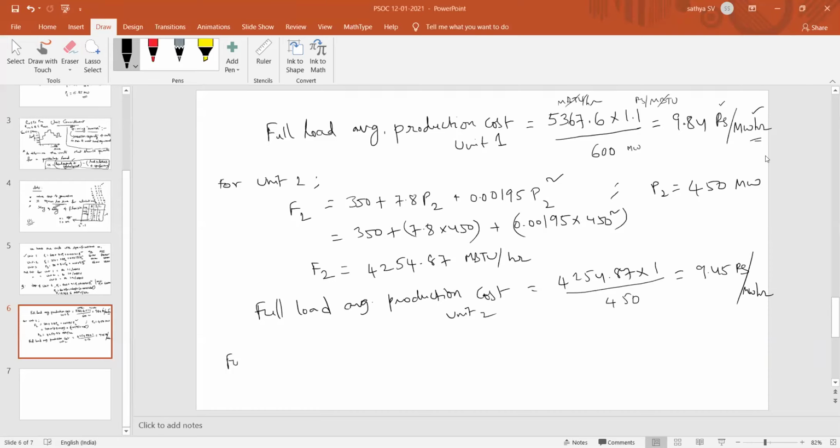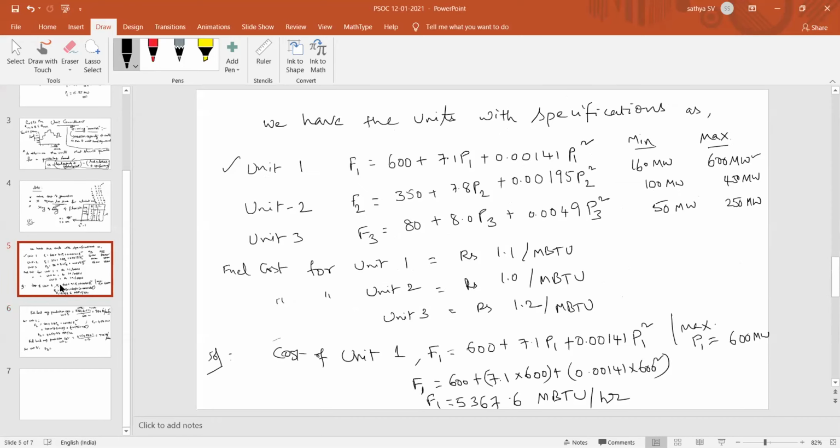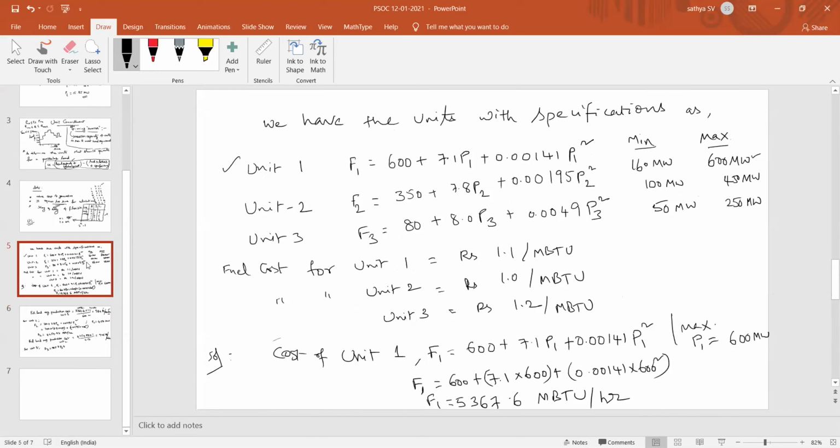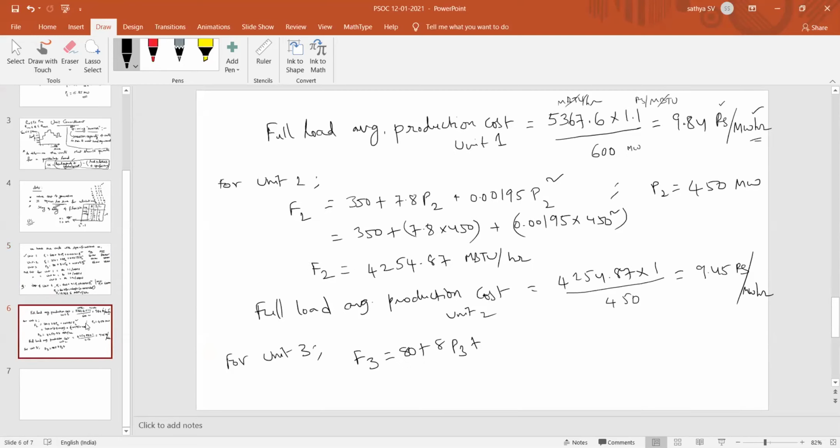So in the similar fashion for unit number 3, what is the cost function, the value of cost of unit 3? F3 is equal to 80 plus 8P3 plus 0.0049 P3 square.